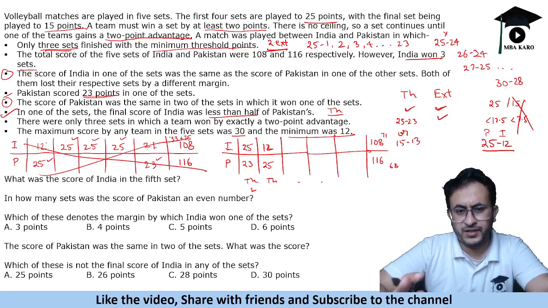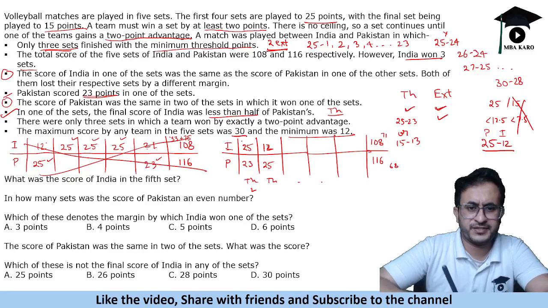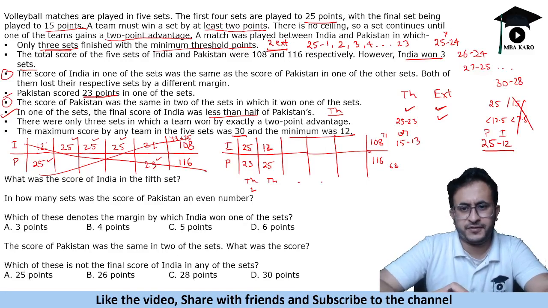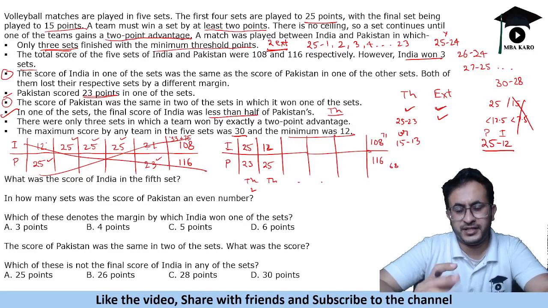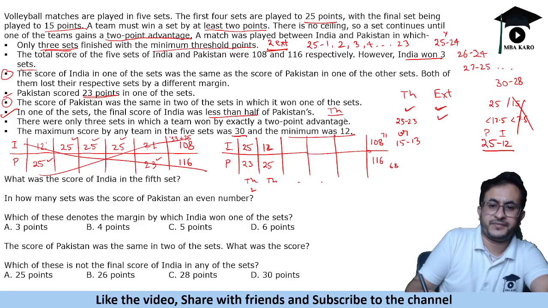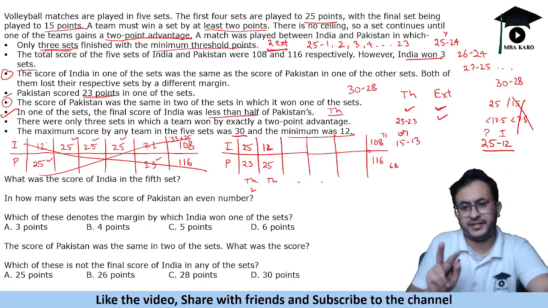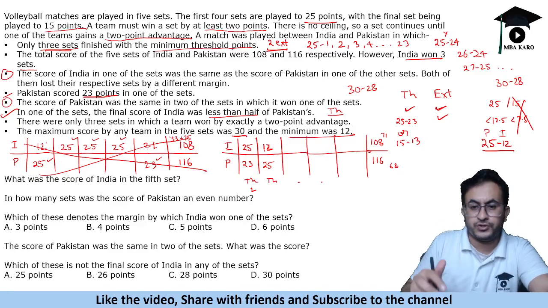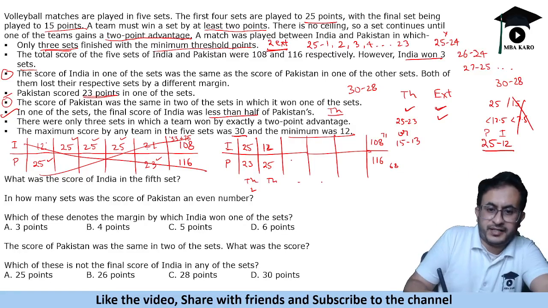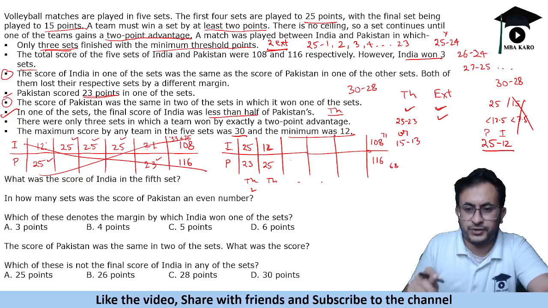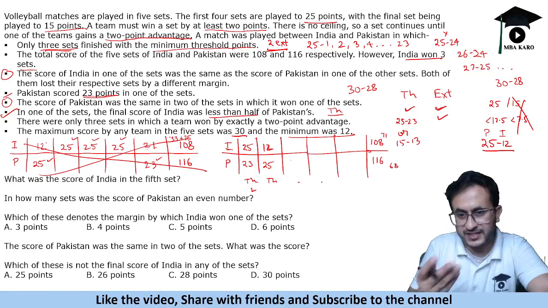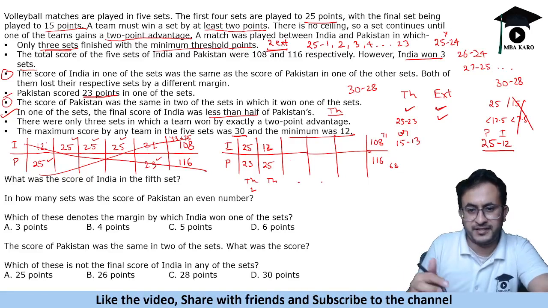Now one piece of information is that one team is scoring 30 points, right? So if a team scores 30 points, it has to win 30-28, only then will it win, because if it is extending the threshold limit, then you have to win by 2 points. So that means either it is Pakistan or India. Okay, so let's first make Pakistan score 30 points and then we will see with India.